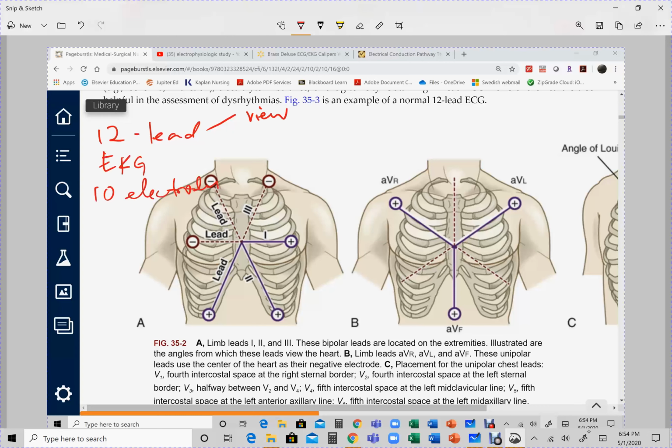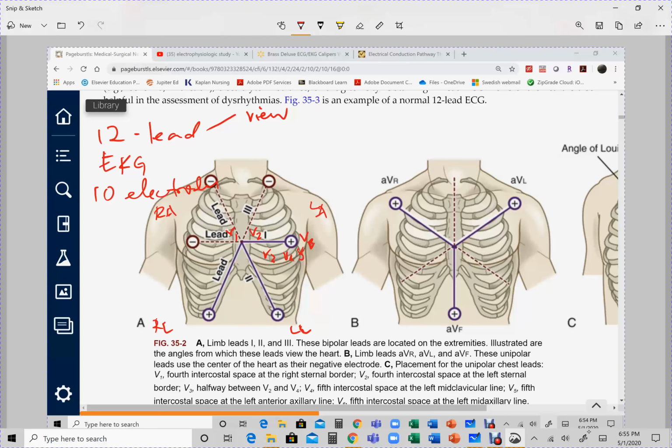There are 4 limb electrodes: right arm, left arm, right leg, and left leg. So we have 4 limb leads, and there will be 6 chest leads, V1, V2, V3, V4, V5, V6 right here.